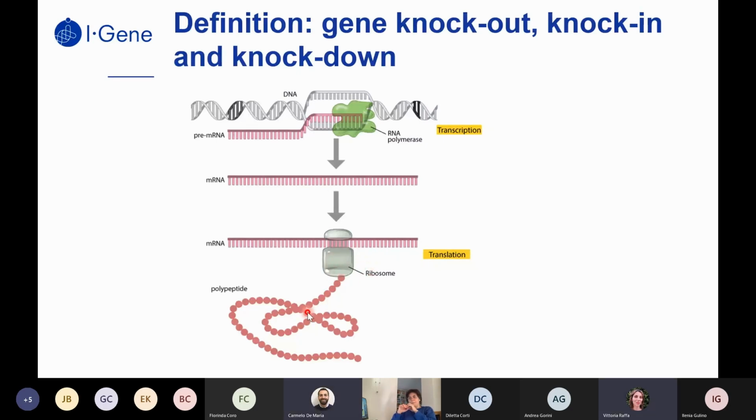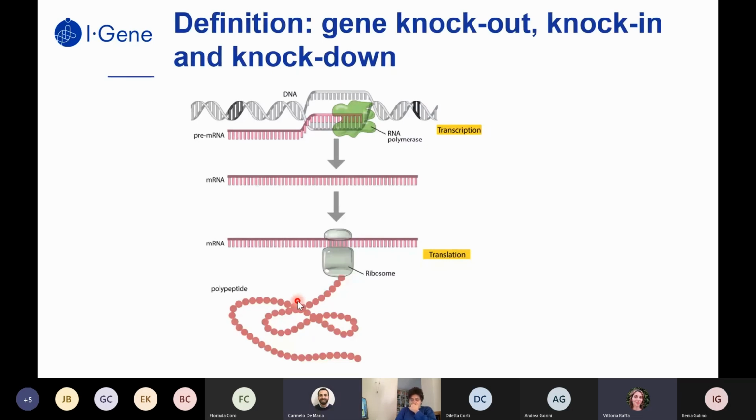So in a situation in which we have a mutation at the level of the genome, so we have a mutation in one gene, we have the expression of one protein which is dangerous for the organism. So what we want is to switch off the expression of this mutated protein, which is very dangerous for the organism because it causes some pathologies, disease, cancer, whatever it is.